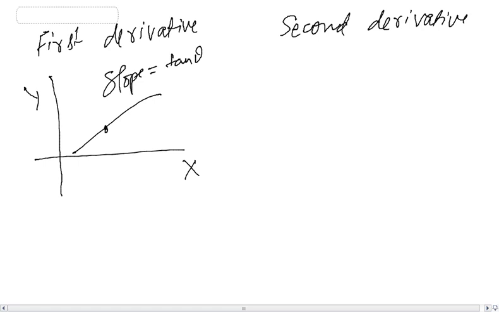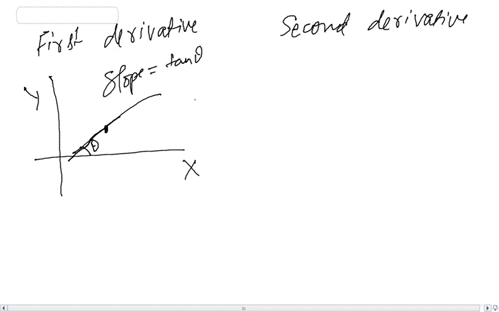So if you take this point, the tangent will be the same. If the tangent is the same as the line, then this angle will also be the same as the angle which the line makes with the x-axis.